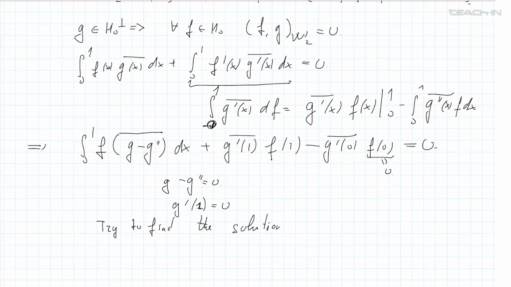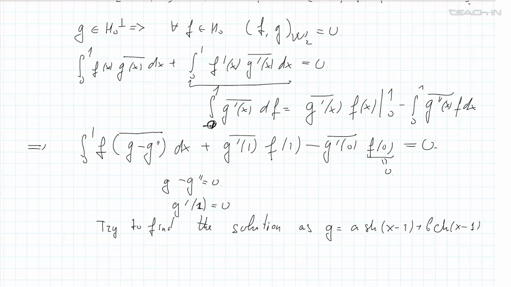Not in exponents, but in hyperbolic functions. Define g equals a hyperbolic sine plus b hyperbolic cosine. I shift the variables because it's better to calculate at the right end of the interval.